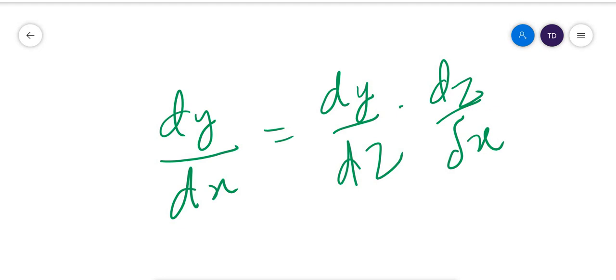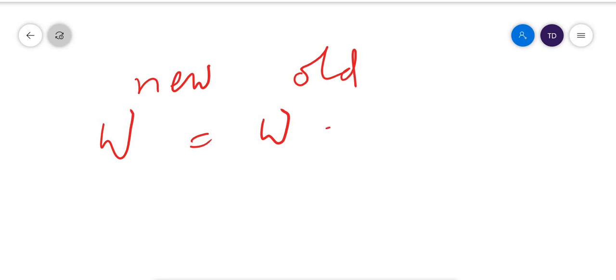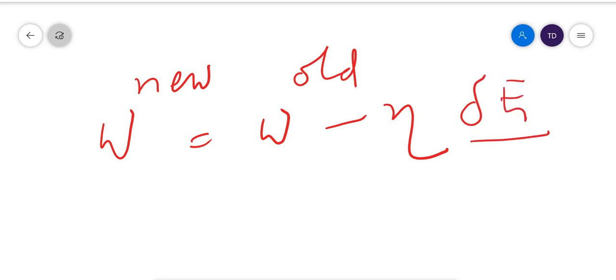To understand this, there is one more aspect related to the gradient descent algorithm. This is the complete equation describing gradient descent: the updated weight, new weight, should be equal to the old weight minus eta into dou E divided by dou w.